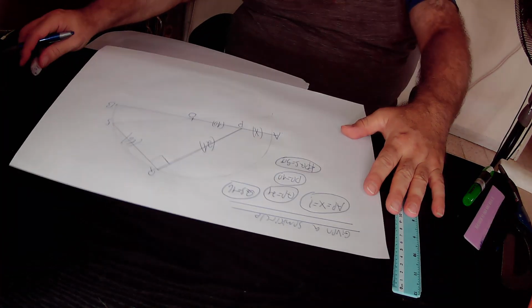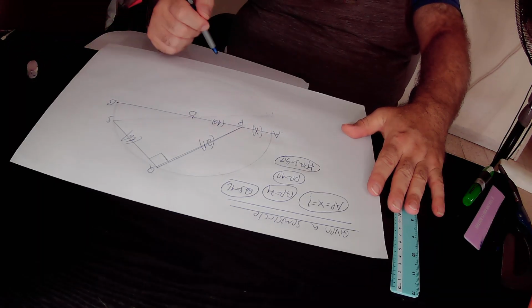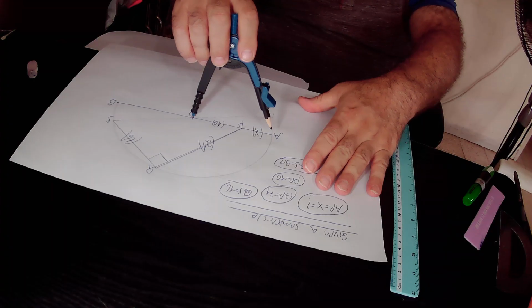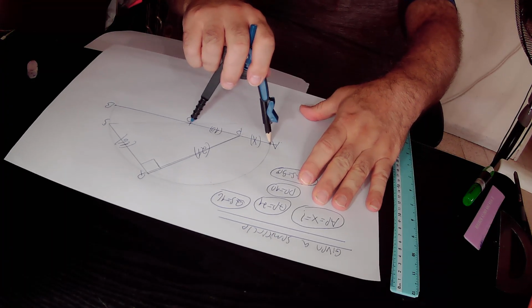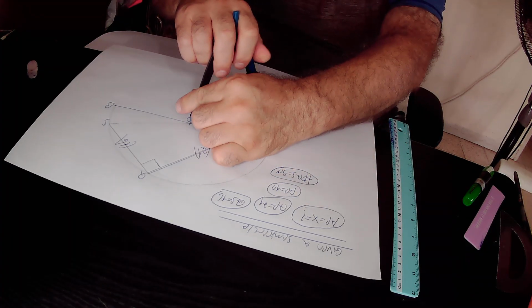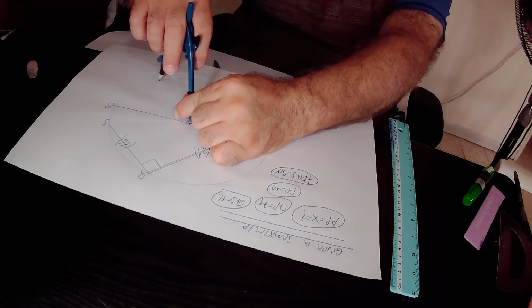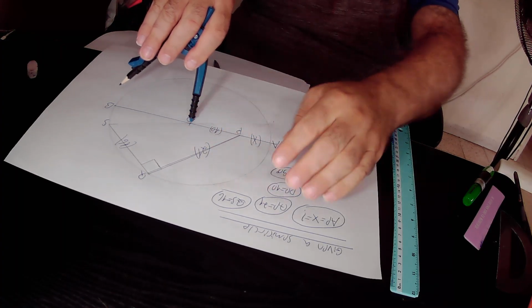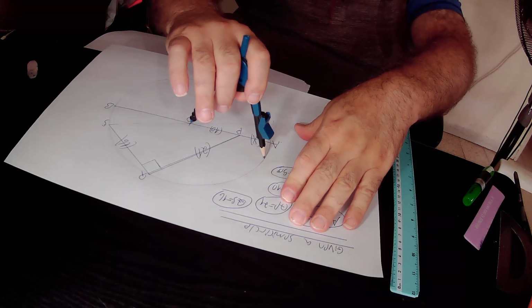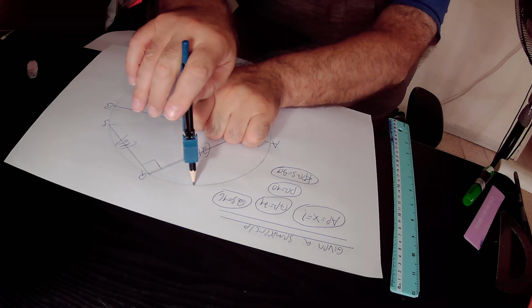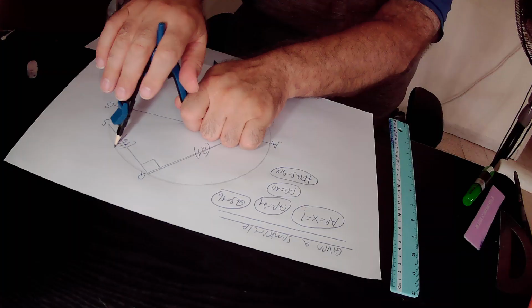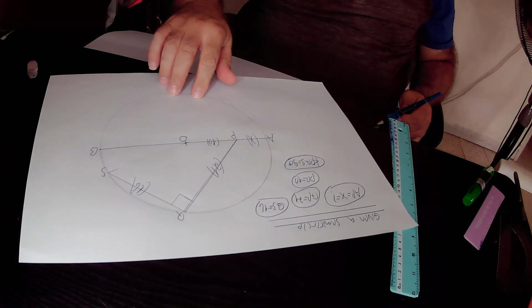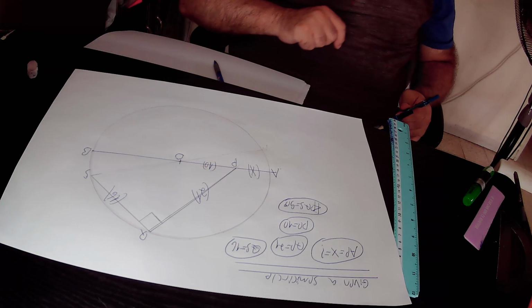So first of all, we will complete this semicircle to a circle, and we will extend line segment QP until it touches the circle.